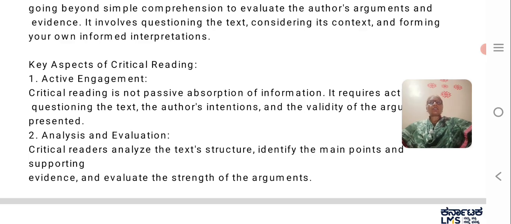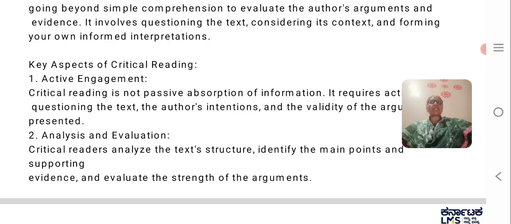It involves looking into the main ideas given in the text, that is, active analysis, and evaluating a text, questioning its claims, and framing informed judgments. It is not just accepting the information at face value.